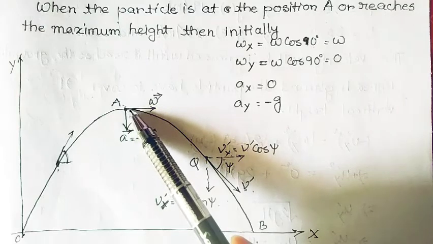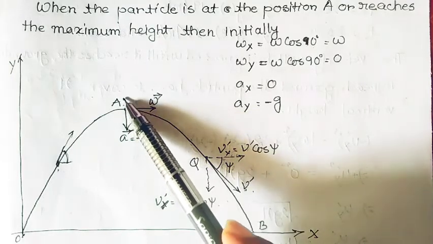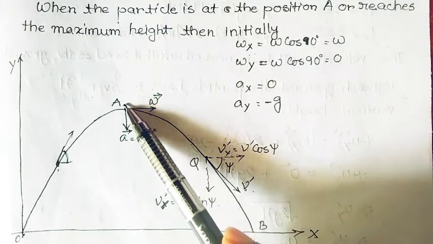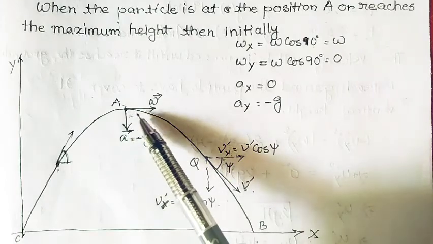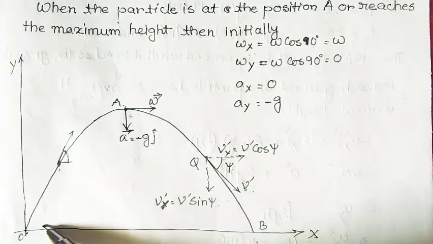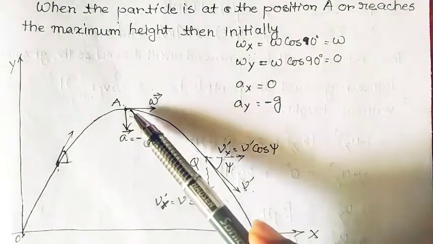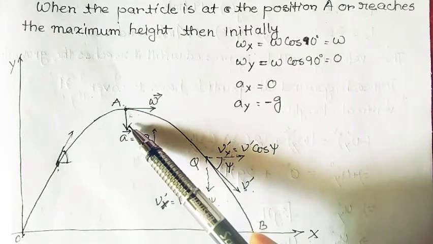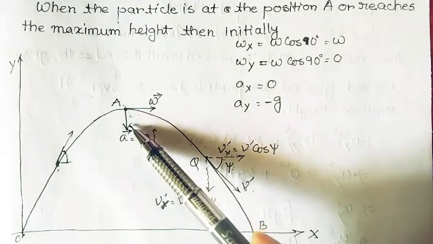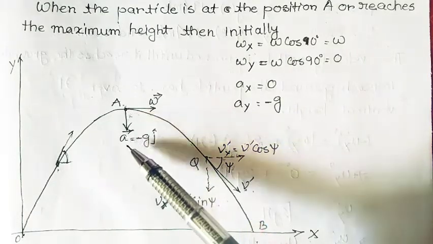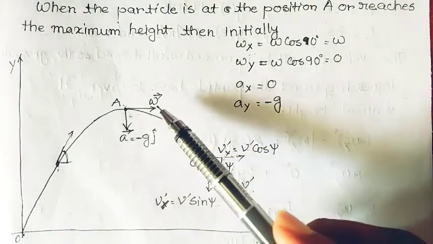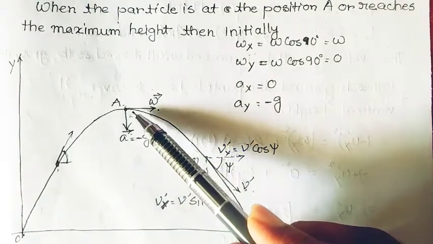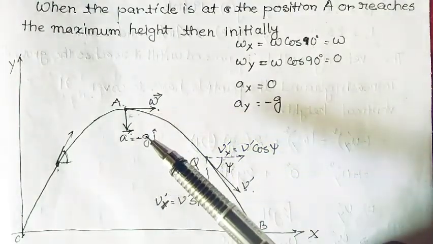When it reaches the maximum height, we know that the vertical component of the velocity is 0, so there is no vertical component, only a horizontal component remains. And this horizontal component is equal to the initial horizontal component of velocity, and at that particular instant the acceleration due to gravity is acting perpendicularly downwards along the negative y direction, and at that particular moment on the trajectory the velocity and the acceleration are at an angle of 90 degrees with each other.